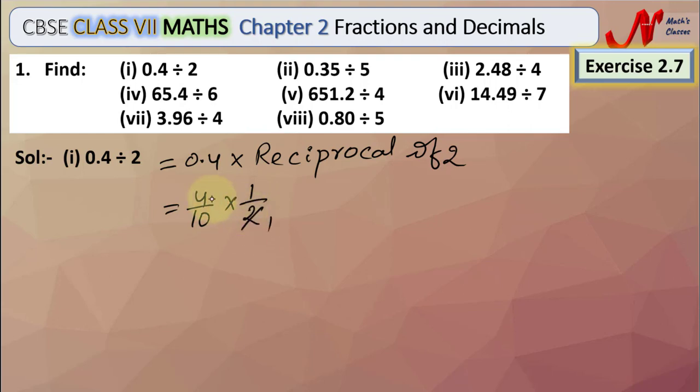We can cancel: 2 ones are 2, 2 twos are 4. We can write it as 2 by 10. Here in the denominator we have 10, so in the final result, from right to left, we keep the decimal point after one digit, so we get 0.2. Therefore 0.4 divided by 2 is equal to 0.2.